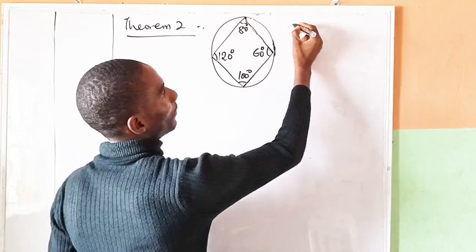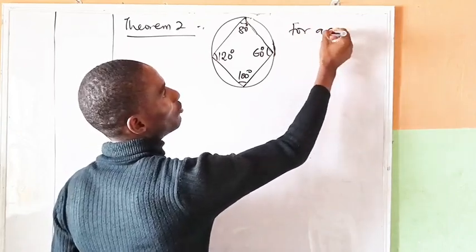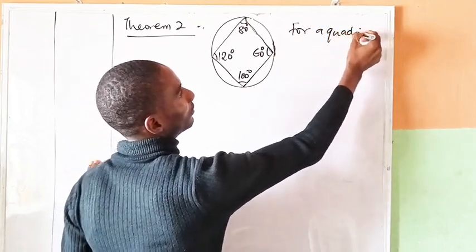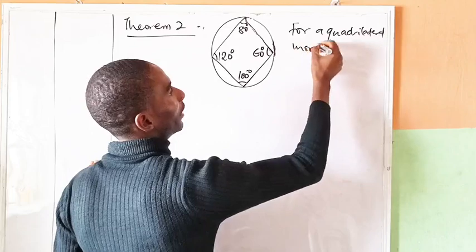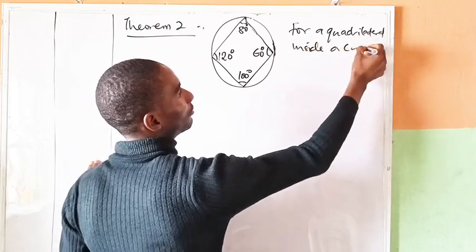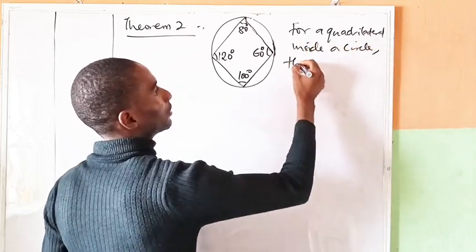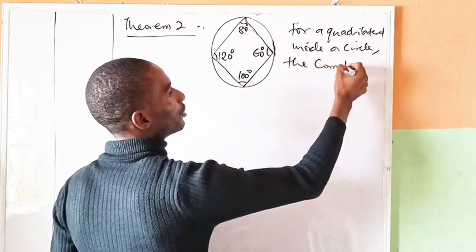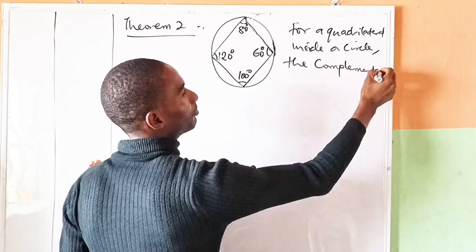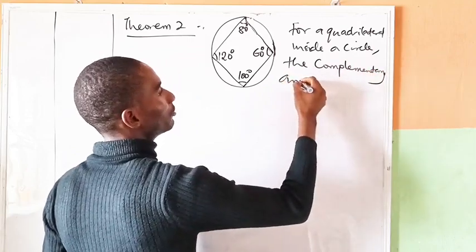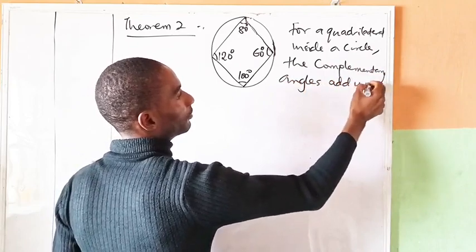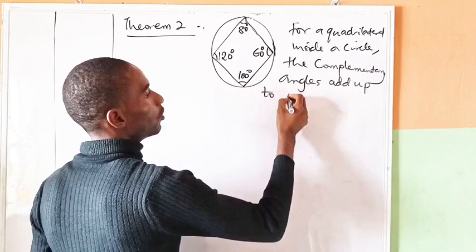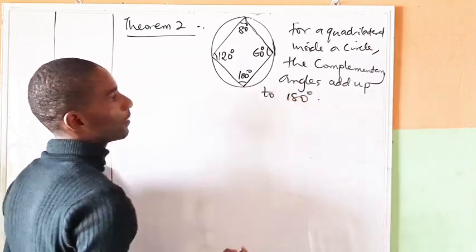It says, for a quadrilateral inside a circle, the complementary angles add up to 180 degrees.